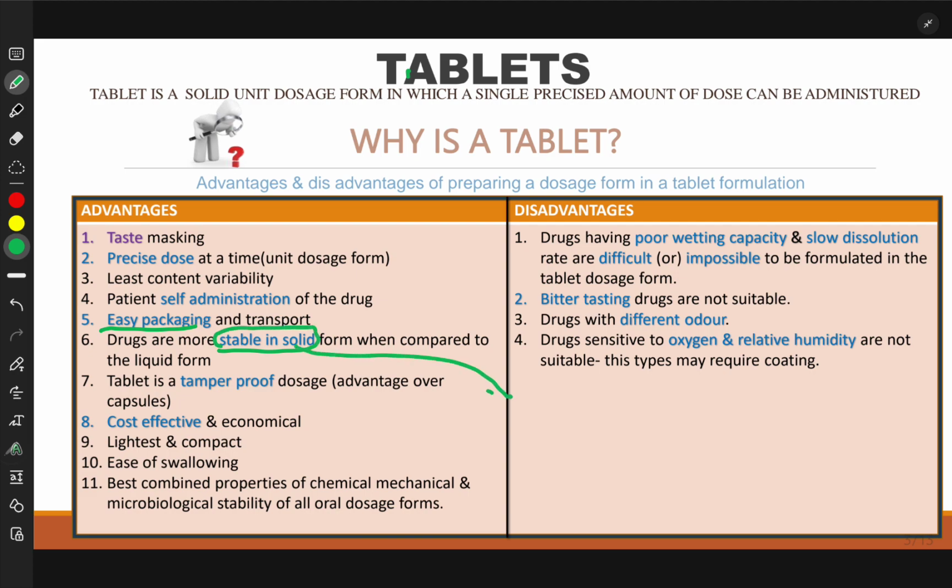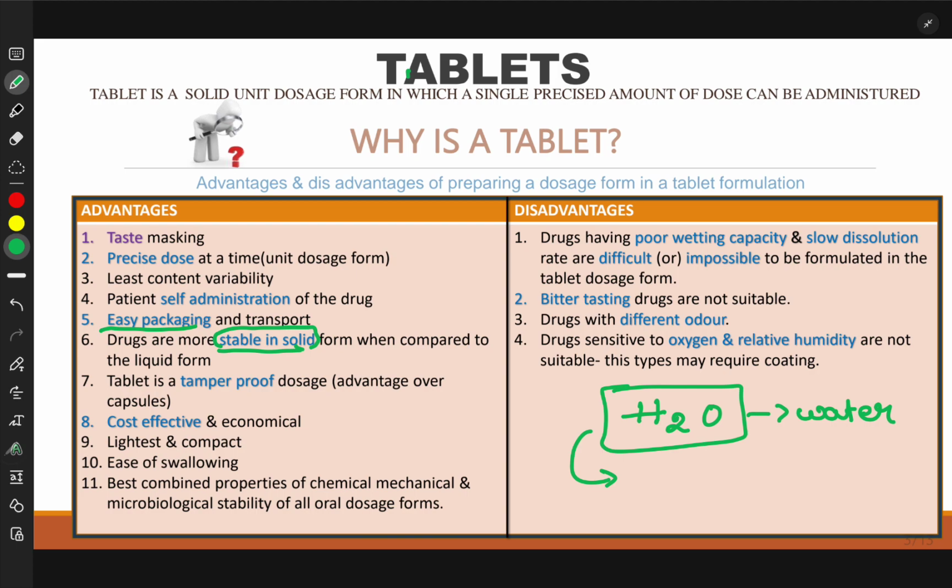Next, stable in solid. Here, before going to stability, we have to see H2O. I think everybody knows what H2O is. It is water. It has the capacity to grow life in it.